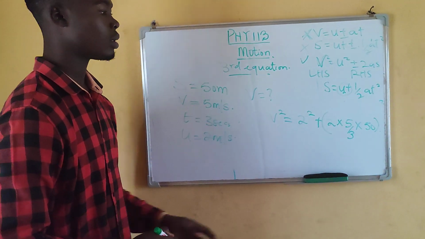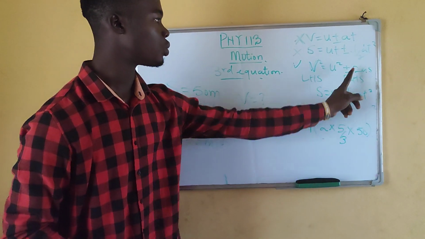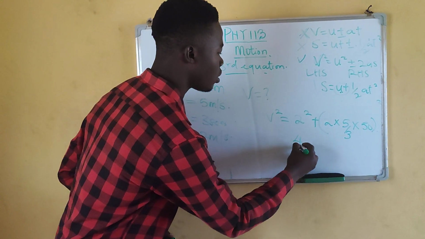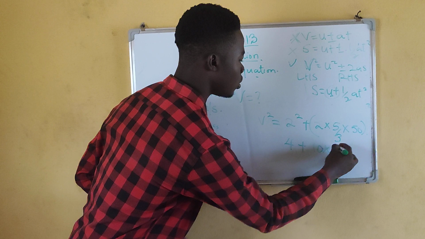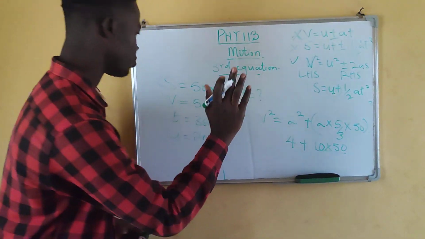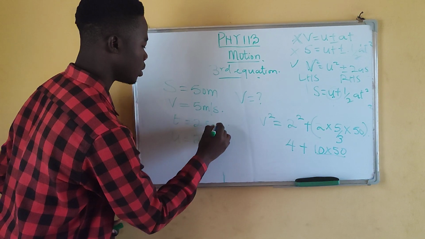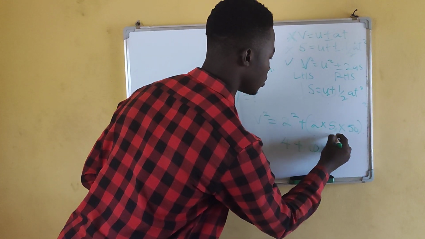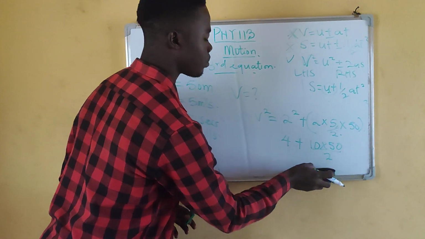You see that? Now 5 over 3 is the v over t, 2, and the distance. So we have 4 plus 10 multiplied by 50 over, so as to make things easy, let's use 2.